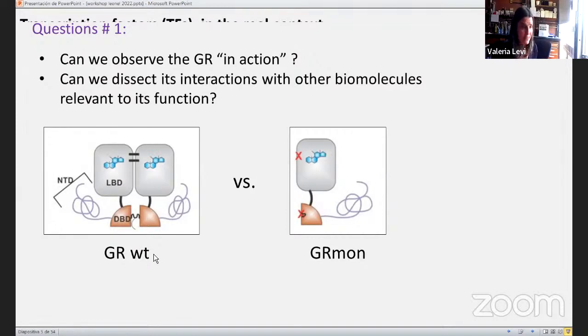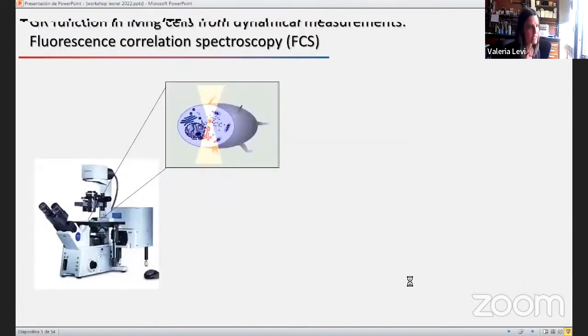And we will compare the behavior of this receptor with a monomeric version of the receptor that has two point mutations, one in the DBD, the other in the LBD. And the functional output of GR-MON, as this mutant is named, is completely different from the wild-type receptor. Of course, we studied many mutants, but for pedagogical reasons, I will explain only our results in these two variants of the receptor.